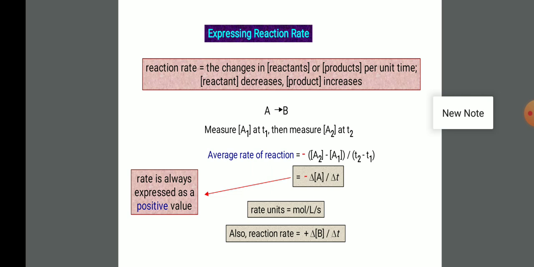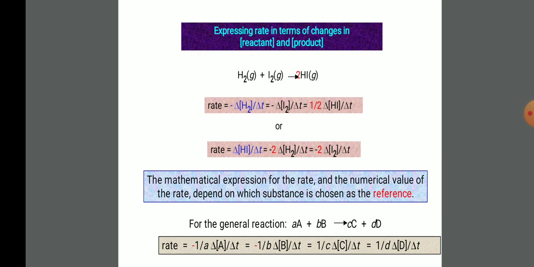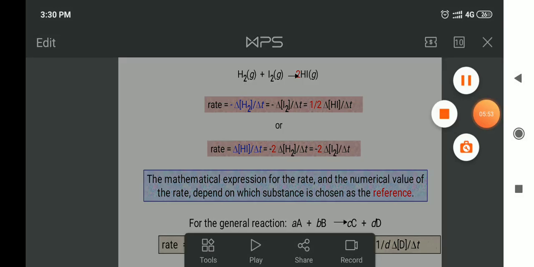Also, the reaction rate is always expressed as positive, therefore it is positive delta B divided by delta T. Expressing the rate in terms of changes in reactant and product: for the reaction H2 gas plus I2 gas to give 2 HI, the rate of reaction is minus delta H2 divided by delta T, equal to minus delta I2 divided by delta T, equal to half of delta HI divided by delta T. This is how we express the rate of reaction.